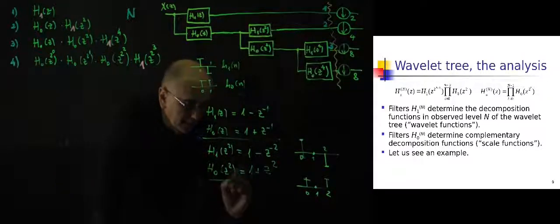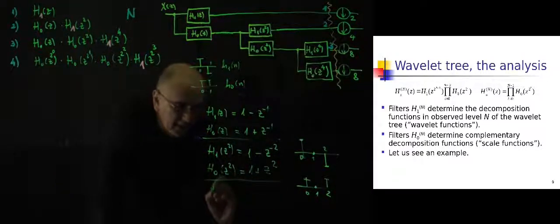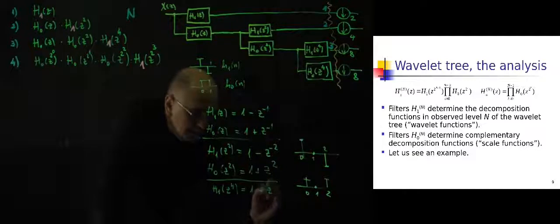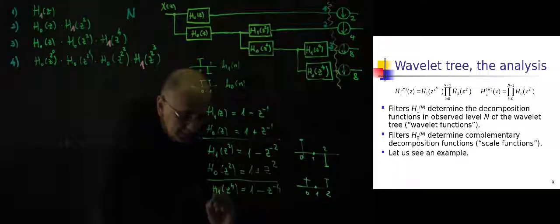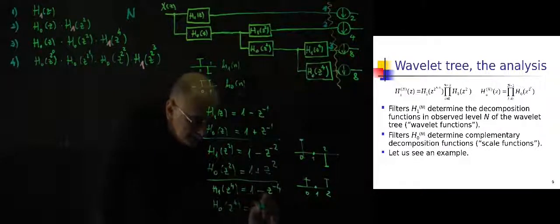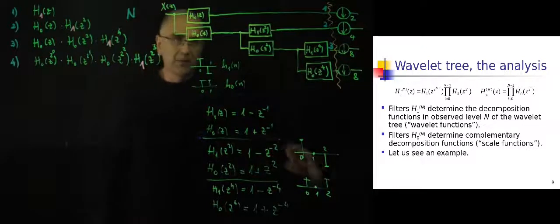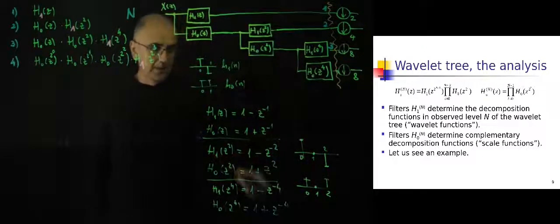So H1 of Z to the power of 4 is equal to 1 minus Z to the minus 4. Or if we are talking about the low pass filter, it's the same but with plus. So more zeros in between, 3 zeros in between 2 samples.